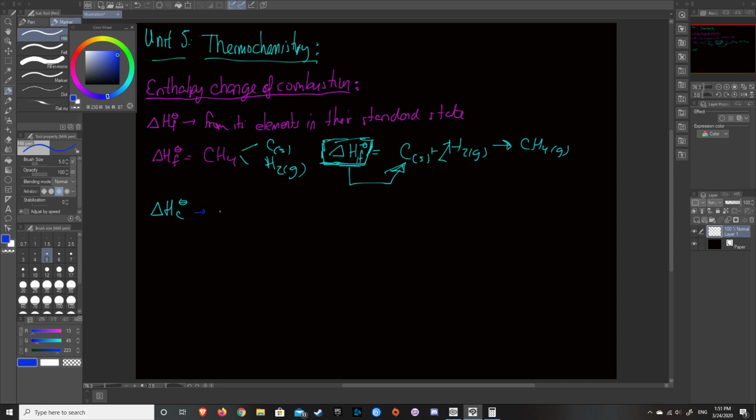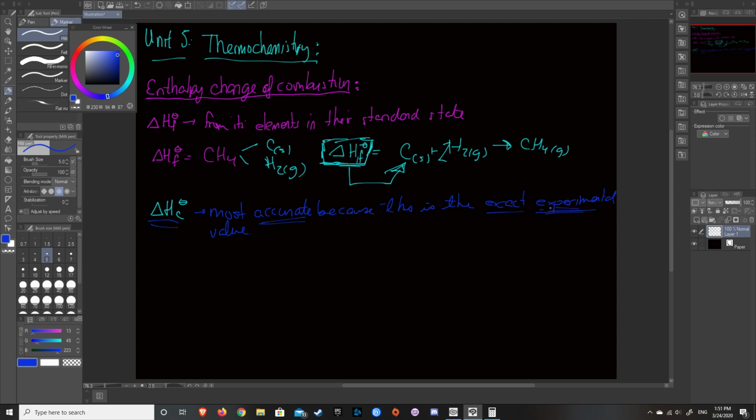It'll be our most accurate because this is the exact experimental value. So it's the most accurate value we can get for combustion because it's the exact experimental value.